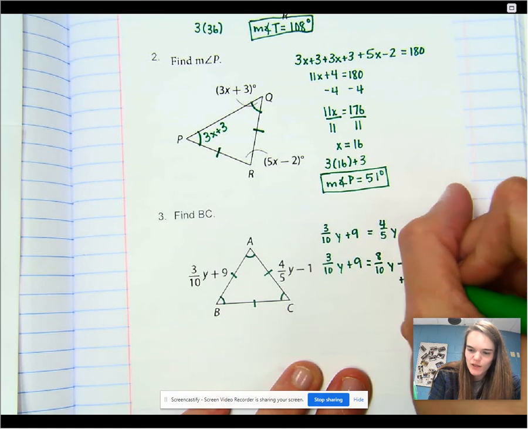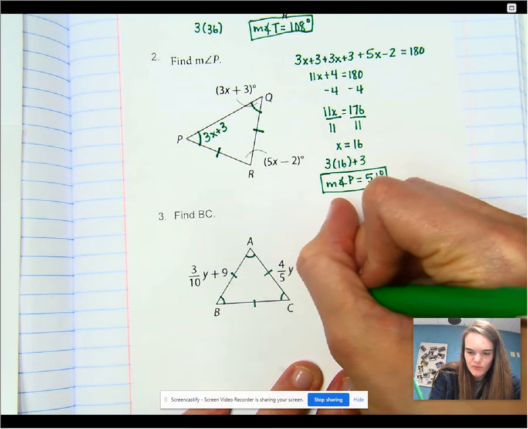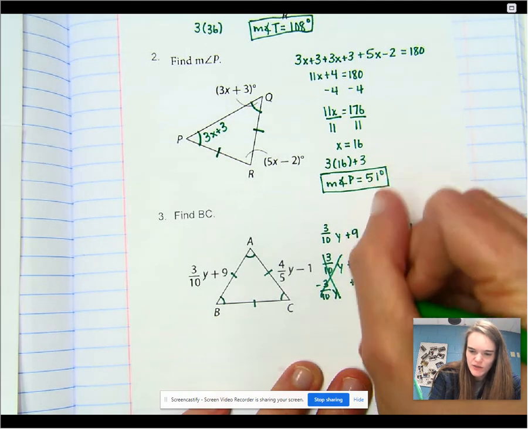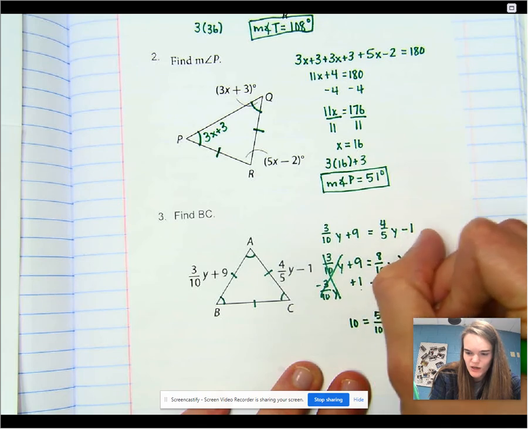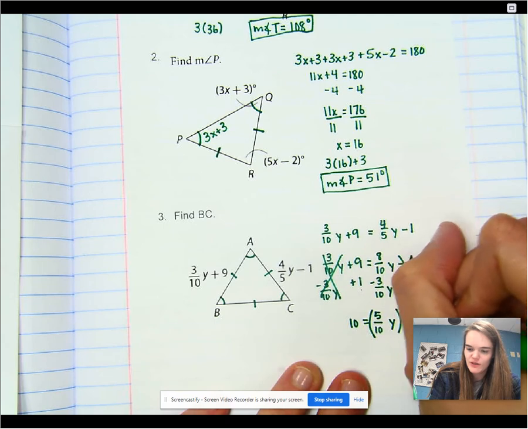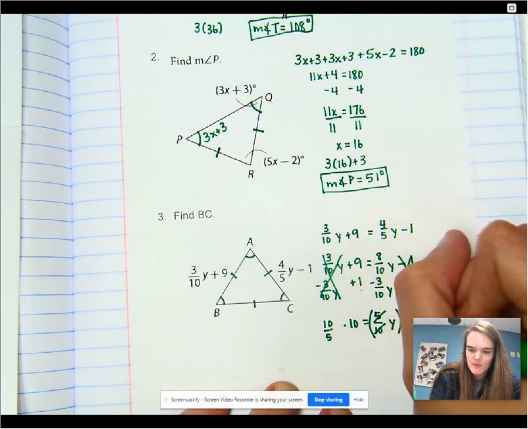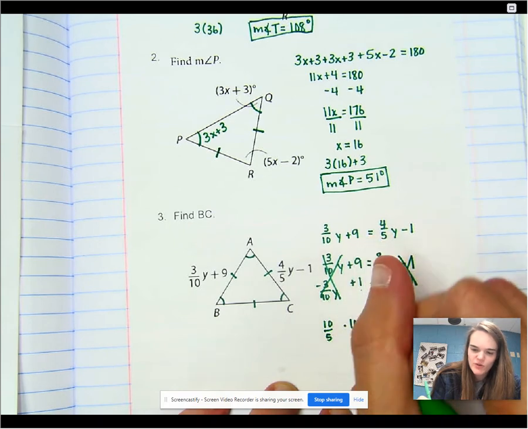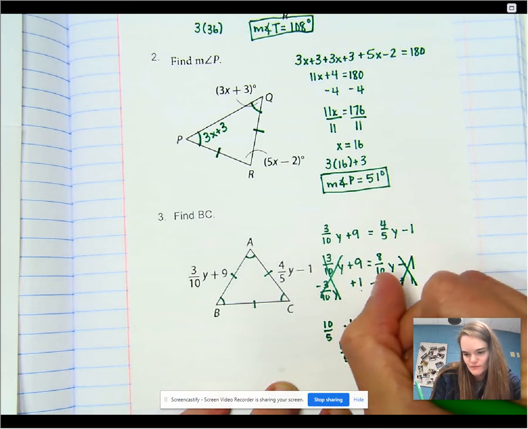So I'm going to add 1 and subtract 3 over 10 y in the same step. That is 10 equals 5 over 10 y. Multiply by 10 over 5. y equals 100 divided by 5, so y equals 20.